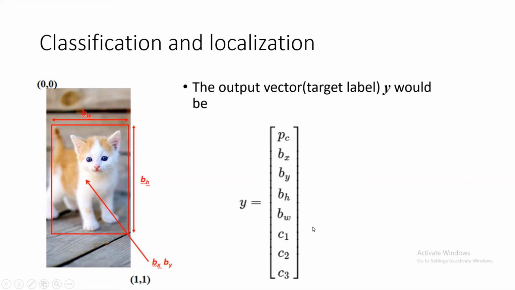PC stands for the probability that there is an object, that one of the classes we are trying to detect is present there. If it's 1, then the object we are trying to detect is present. And now this vector looks like this, Y is equal to PC.